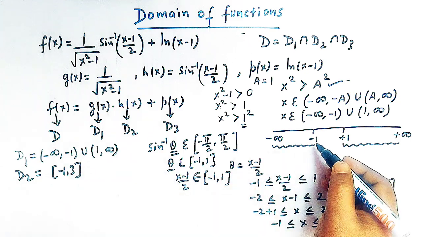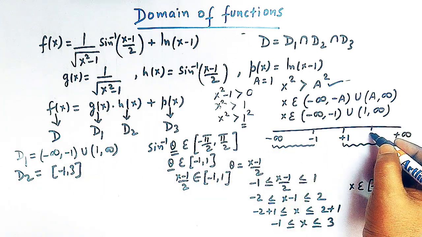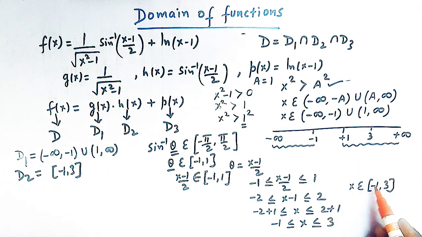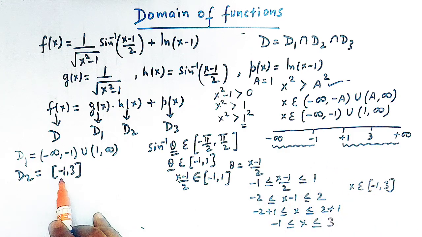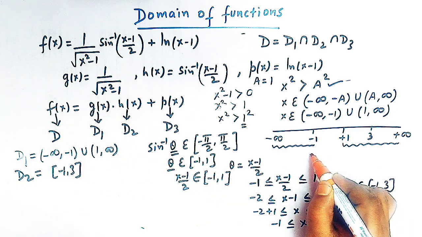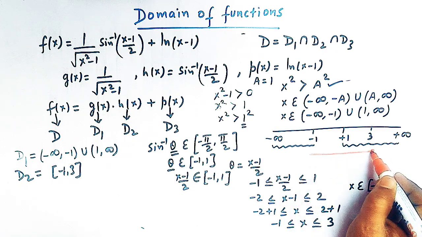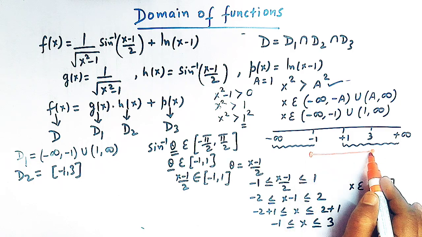Here we have minus 1, and here we have 3. So 3 lies somewhere here, right? Now the region from minus 1 to 3, where minus 1 and 3 both are included, right? So this domain can be represented like this, with 3 and minus 1 both included.